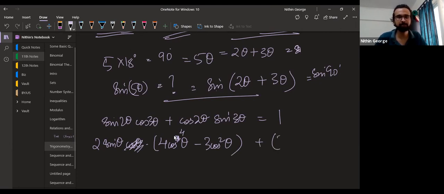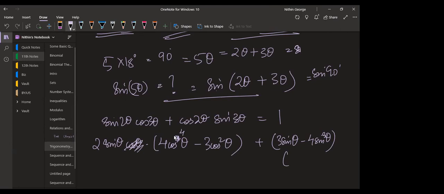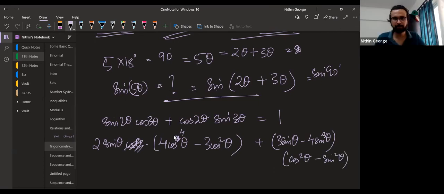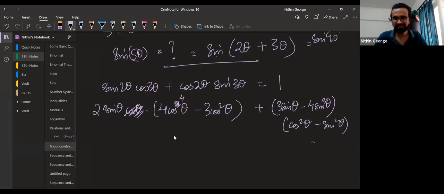I'll write sin 3 theta first: 3 sin theta minus 4 sin cube theta. And then cos 2 theta will become cos square theta minus sin square theta. Frankly speaking, I'm a little stuck here. This is not how it should go.